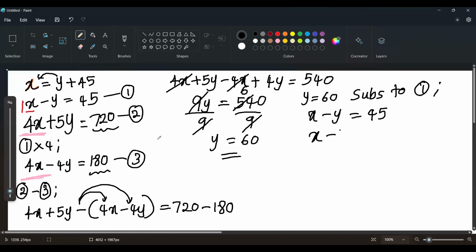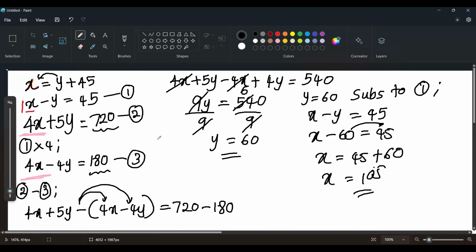So x minus 60 equal to 45. The minus 60 goes to the other side as plus 60. Altogether, x equal to 105.